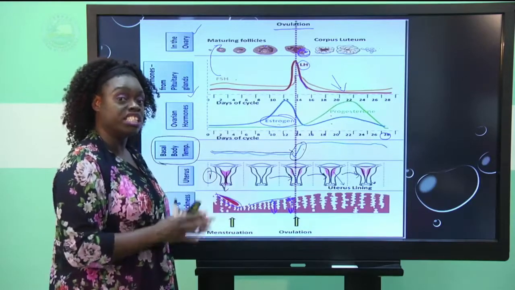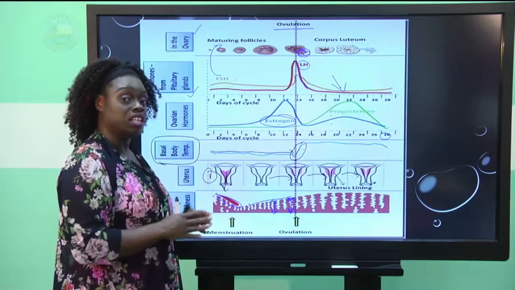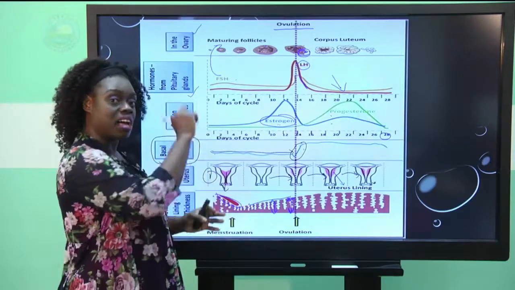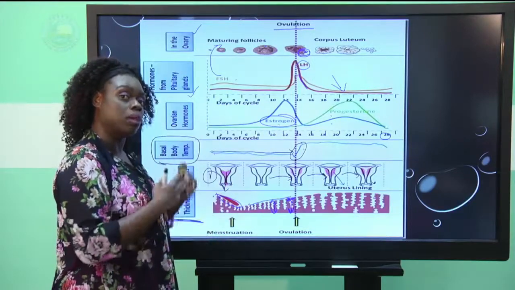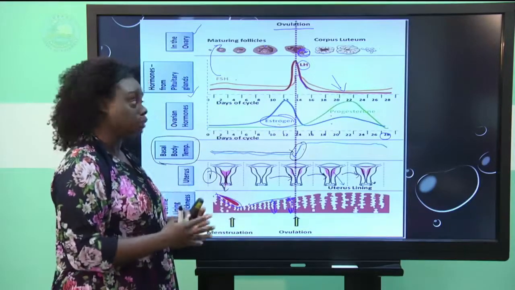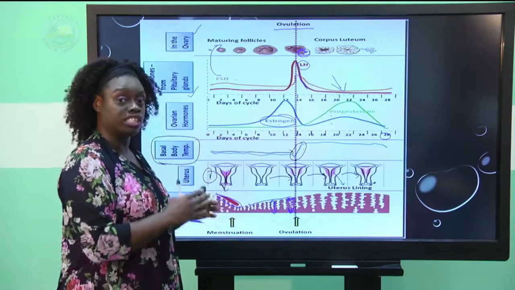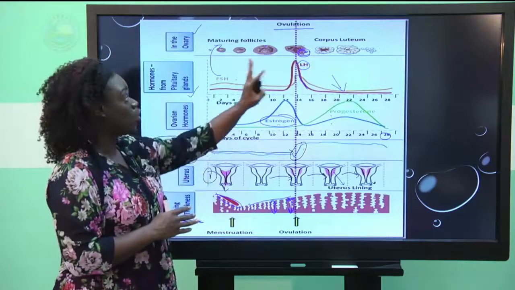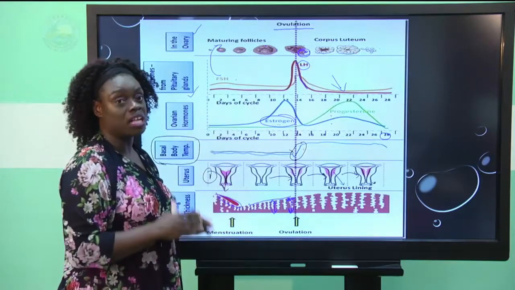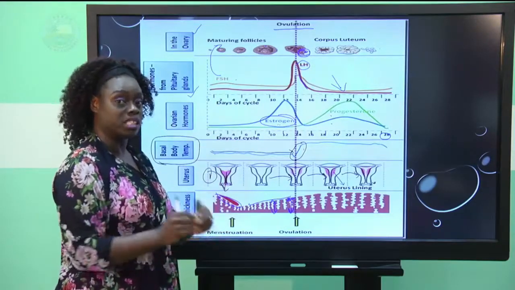Estrogen is released in the ovaries by the developing follicle, and it targets your endometrium. It causes the endometrium lining to thicken. And then we have progesterone, also produced in the ovary by the corpus luteum, and that progesterone maintains the lining.